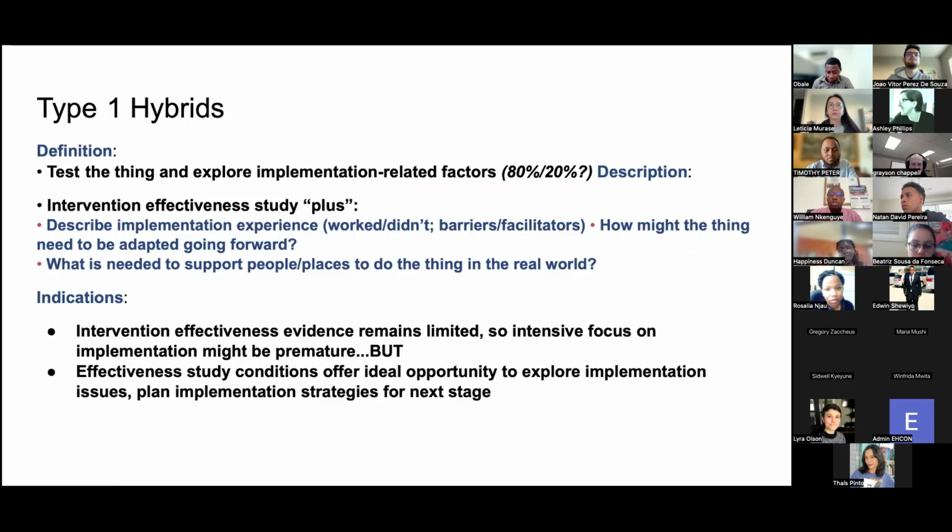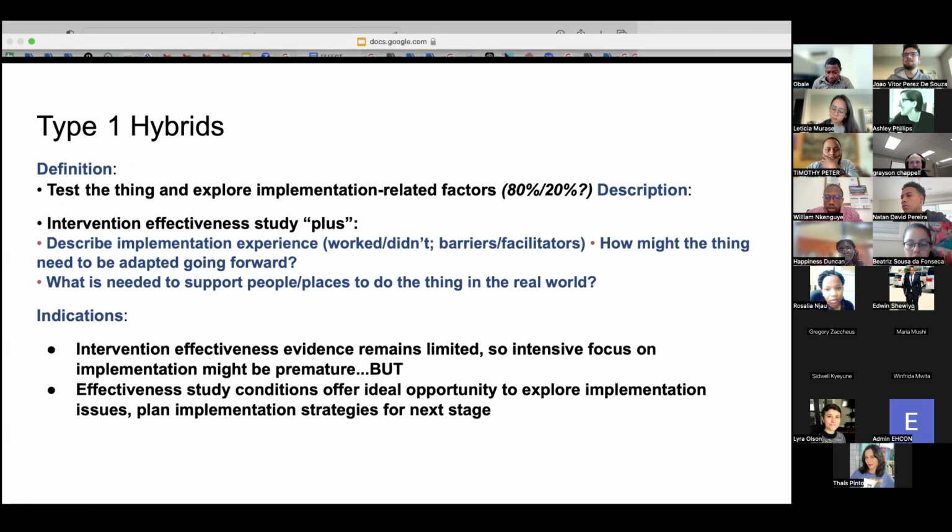So starting with the first, type 1 hybrid. Basically in type 1 hybrid, we are going to test the intervention and explore implementation-related factors.